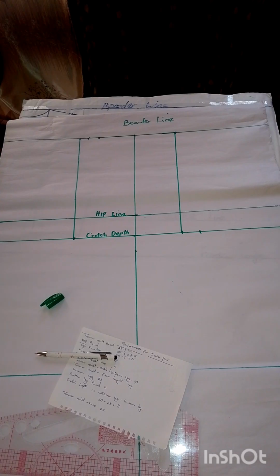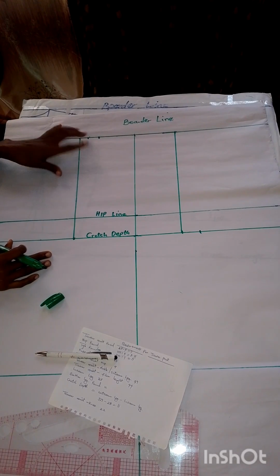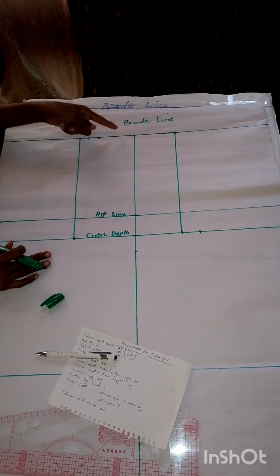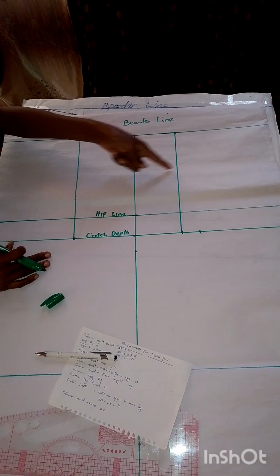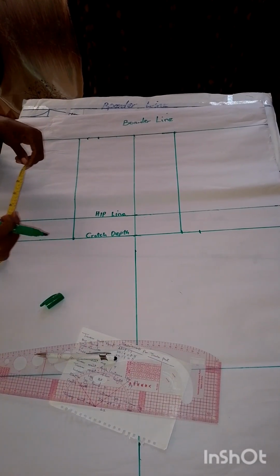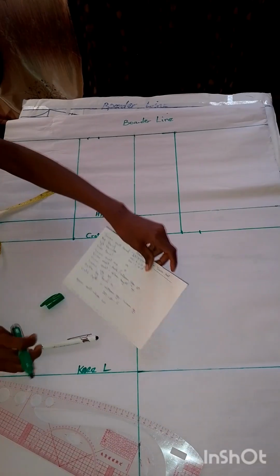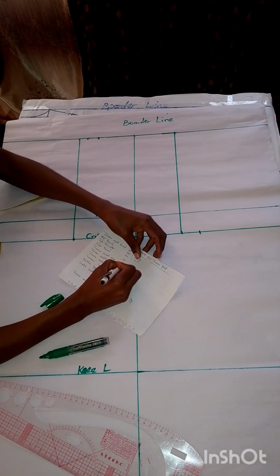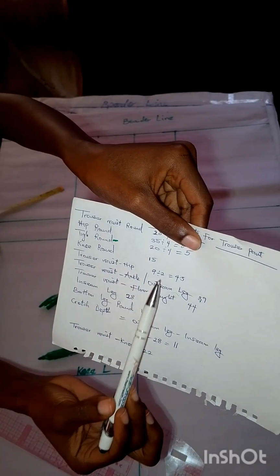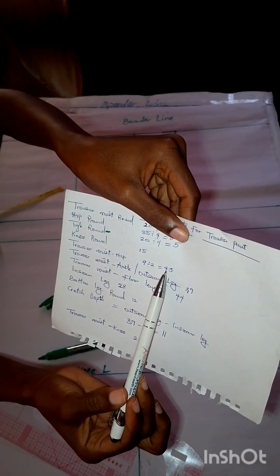Okay, then the next thing I will do now is to divide the trouser waist to hip divided by 2. Here it is, trouser waist to hip divided by 2, we have 4.5.